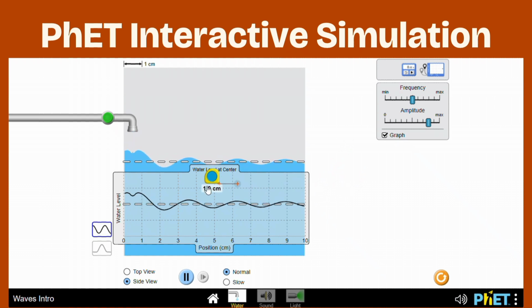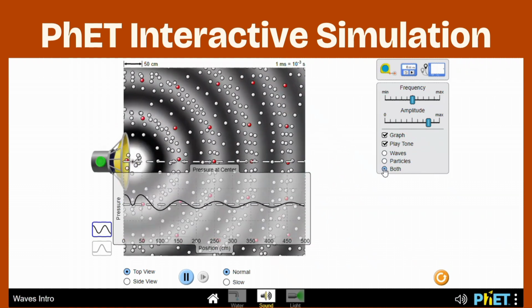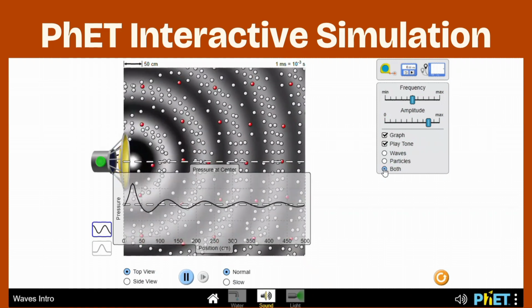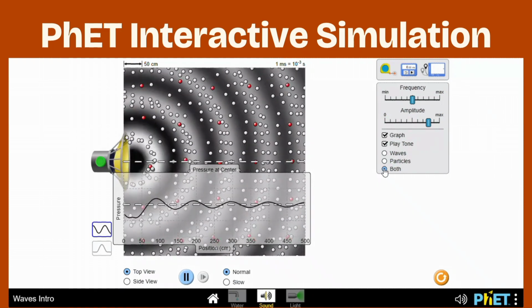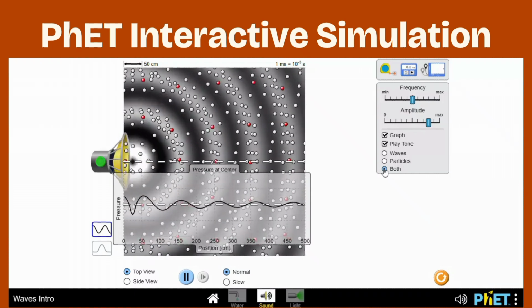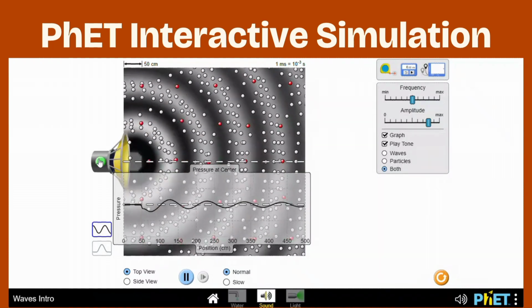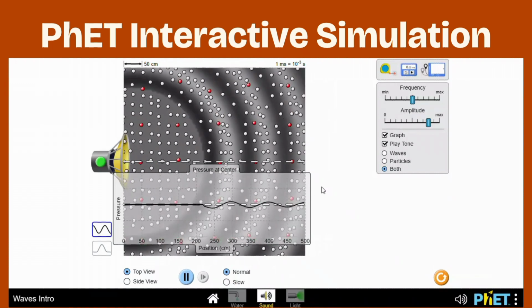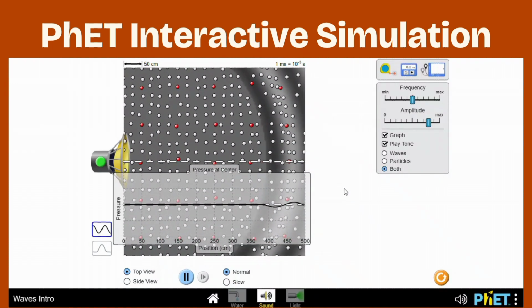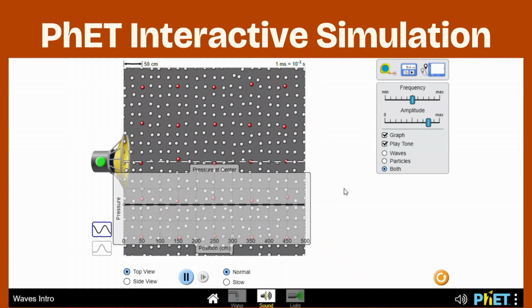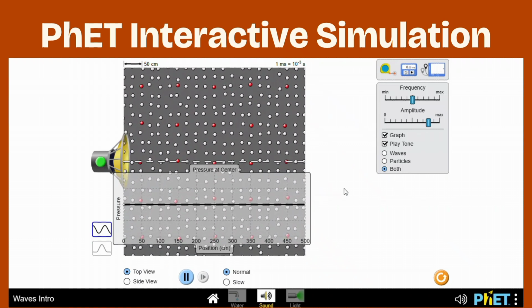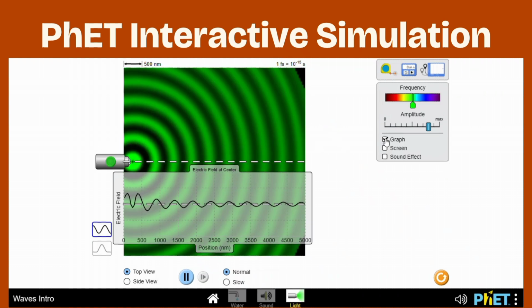Next, we have the sound waves. You can manipulate the sounds. You can use a graph, and you can also see the waves and the particles. And we have the light waves.